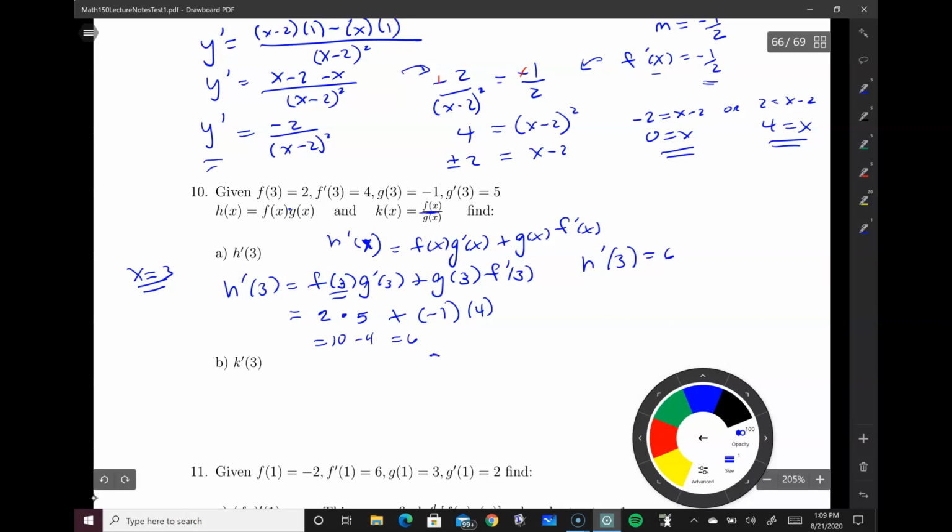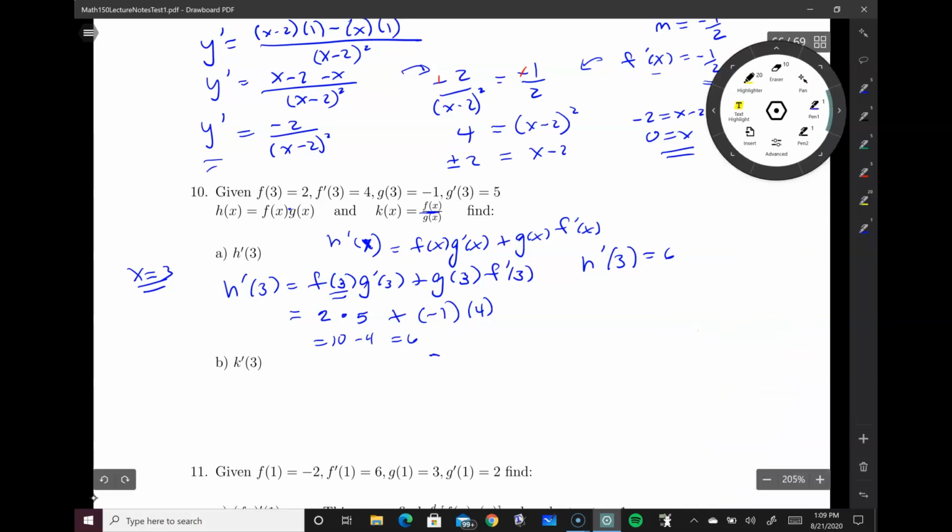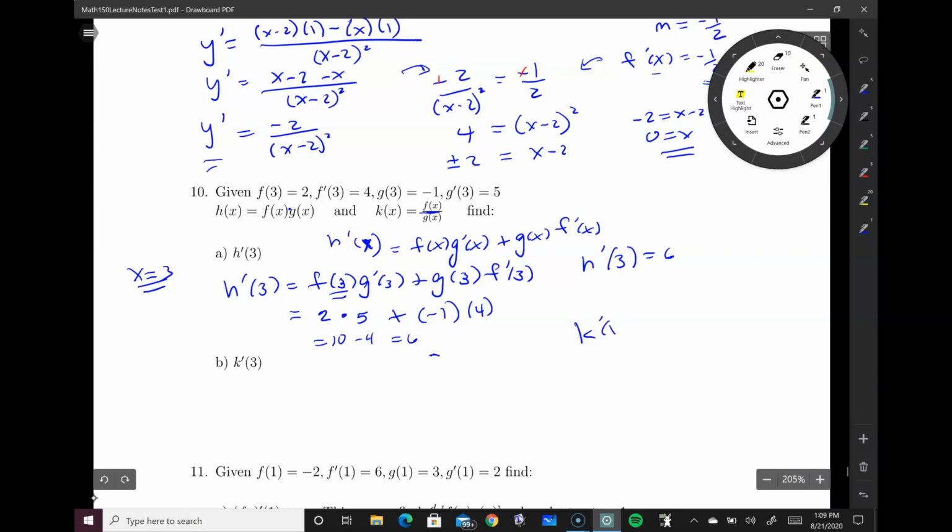So now let's go find k prime. Let's first find k prime of x. So k prime of x, I'll be using quotient rule. Low d high minus high d low, square the bottom, and off you go.